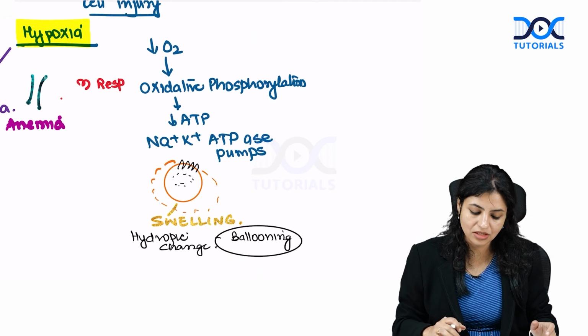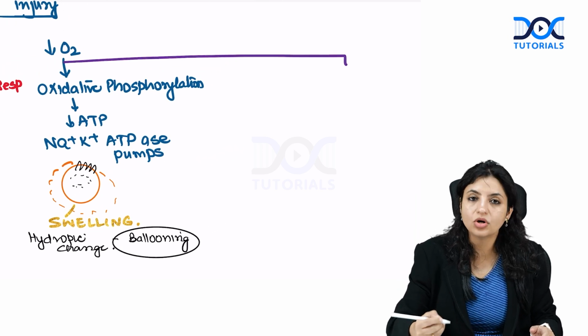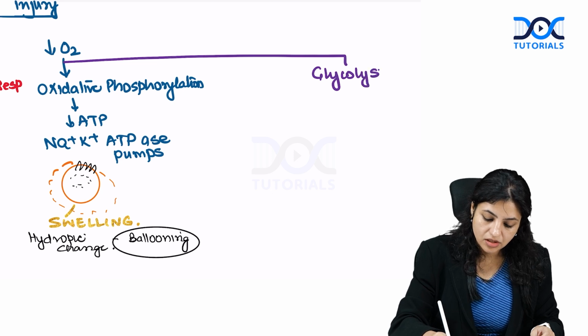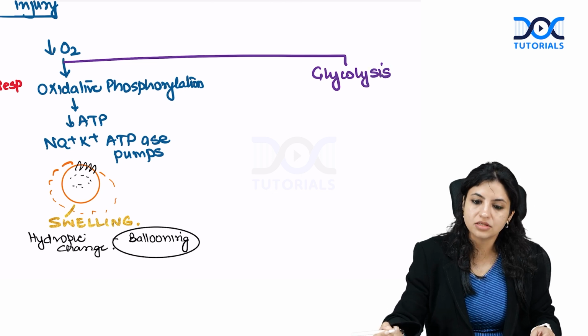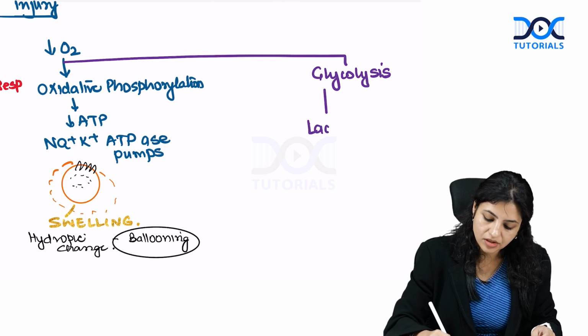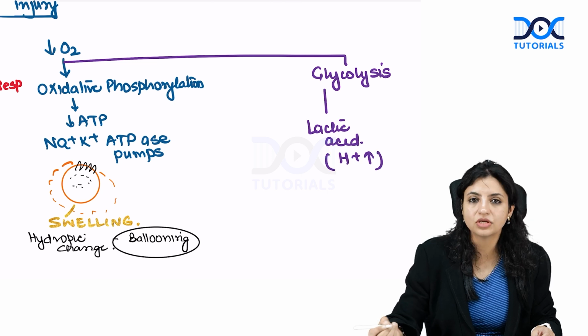Now, what else is seen? When the oxidative phosphorylation is stopped, the alternate mode of respiration is glycolysis. Glycolysis produces a lot of lactic acid. So this lactic acid means H ions in the cell are going to increase.